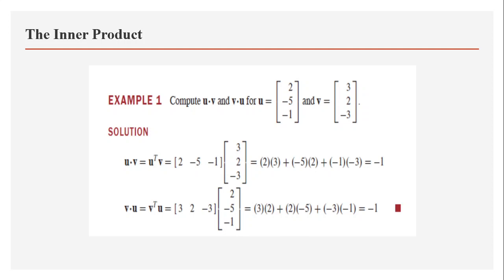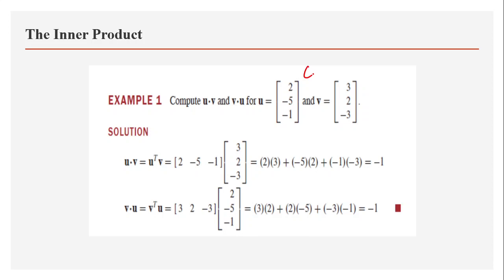So this is what you call the inner product. Now we are taking an example of inner product. We have two vectors u and v, given as u equal to (2, -5, -1) and v equal to (3, 2, -3).